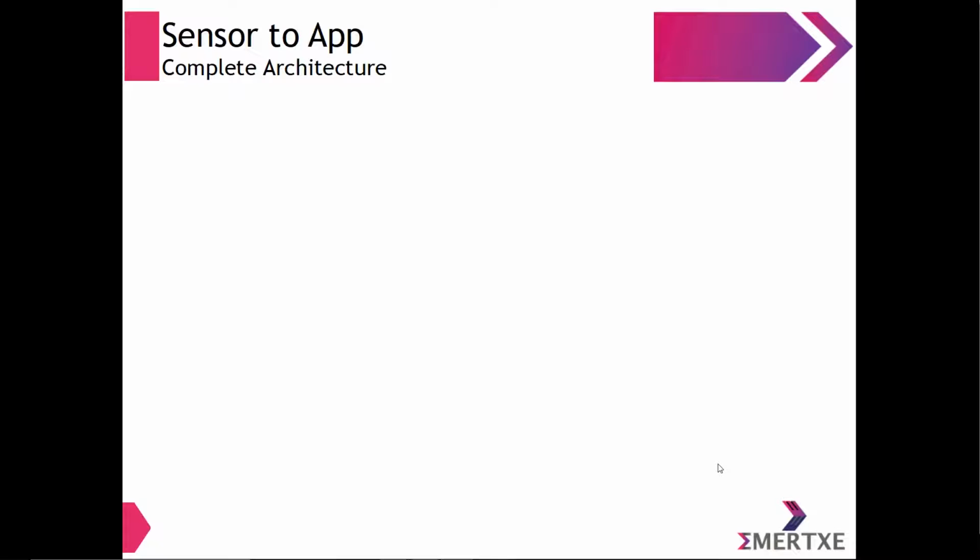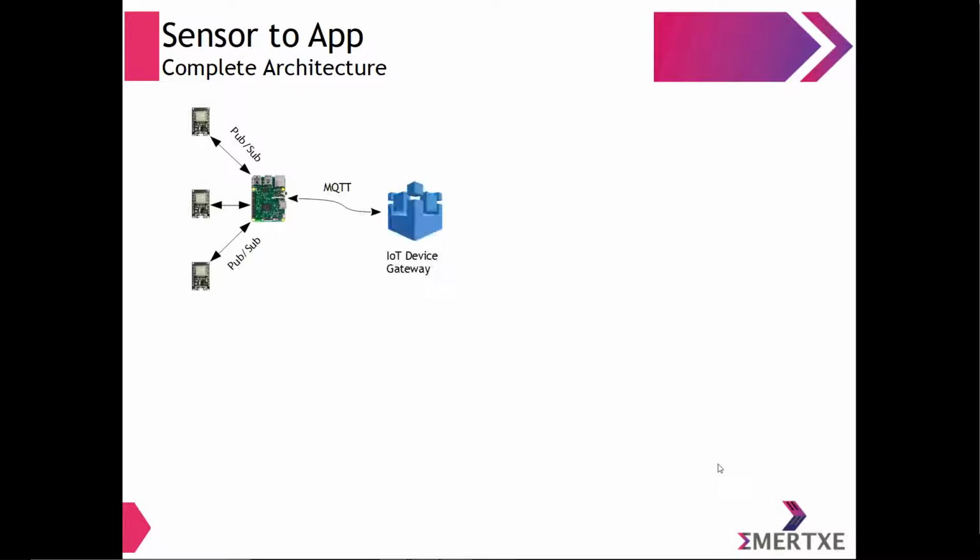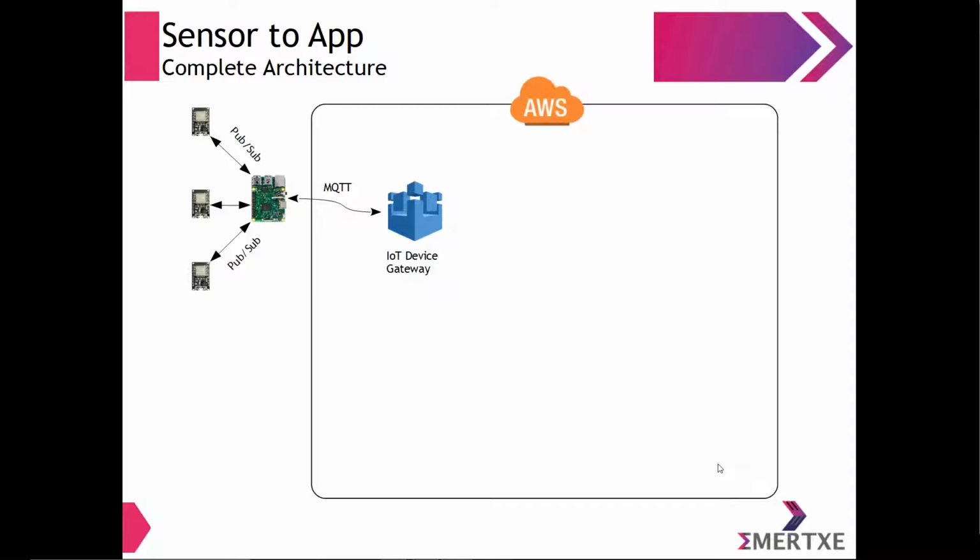To start off with, we have device information being transferred to the AWS IoT Core using MQTT protocol. As you are aware, this IoT device gateway, which is part of the AWS cloud platform, will receive the data from devices.